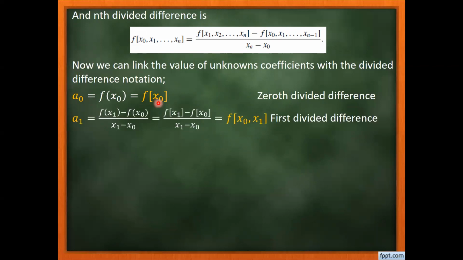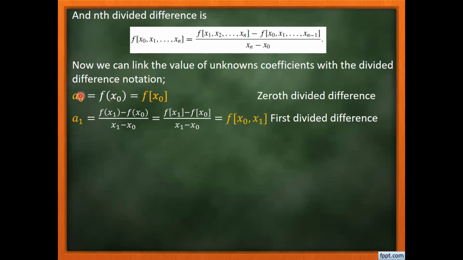Now, the a1 value was f of x1 minus f of x0 divided by x1 minus x0. This means it is the zeroth order divided difference at x1 minus the zeroth order divided difference at x0, divided by x1 minus x0, which is the first order divided difference.